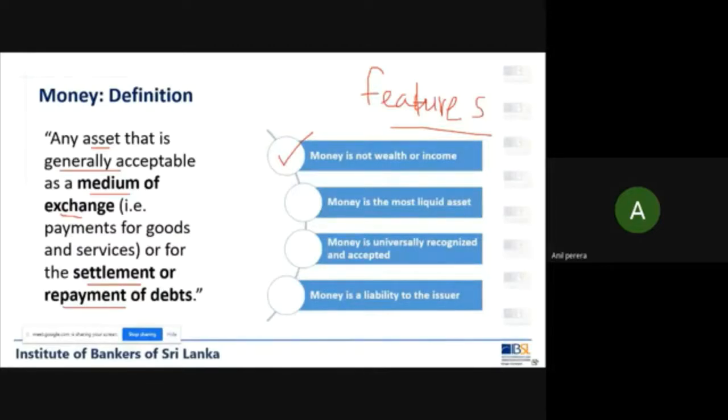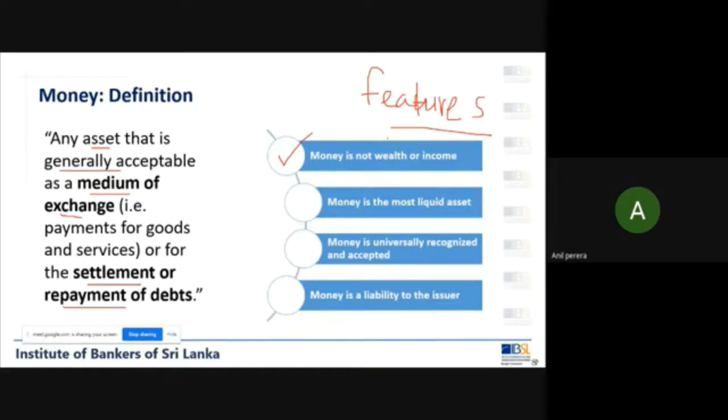In advanced countries, most people keep their wealth in the form of stock market investments. All these form the wealth. Money is only one part of this wealth, right? It could be one of the major parts, but it's not the entirety. So it's not wealth or income, it's only a part of wealth.